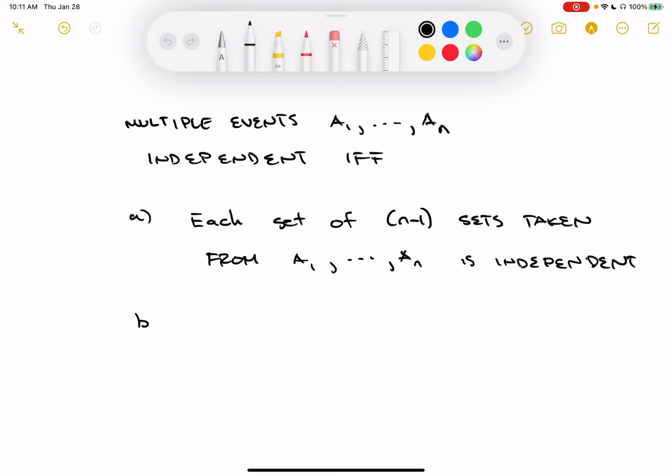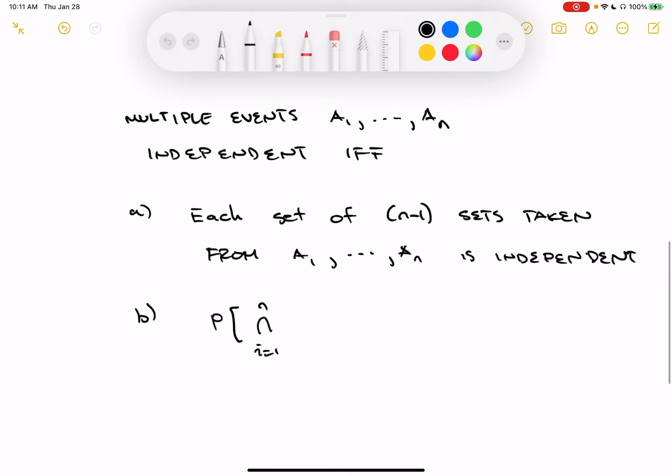And the second condition is that the probability of the intersection among all n objects, so that's the intersection from 1 to n of my Ai's, is equal to the product from 1 to n of their individual probabilities.